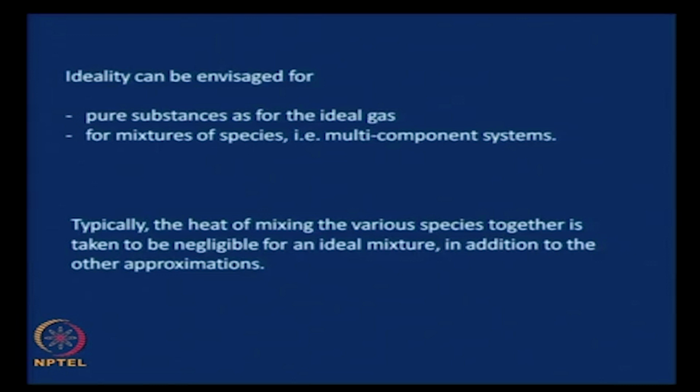We saw what ideality is for an ideal gas, PV equals RT, and for a mixture of gases, ideality comes in when the heat of mixing the various species together, as well as the changes in volume when the various species are mixed together, are negligible.